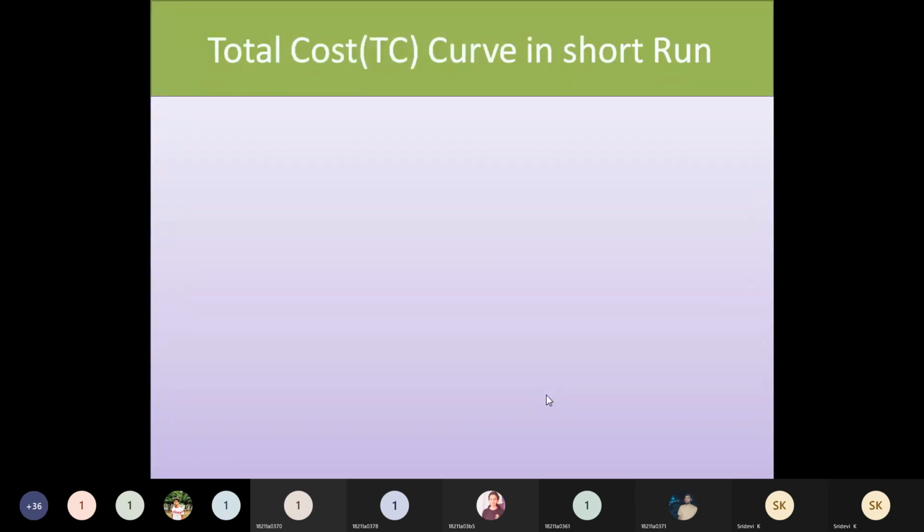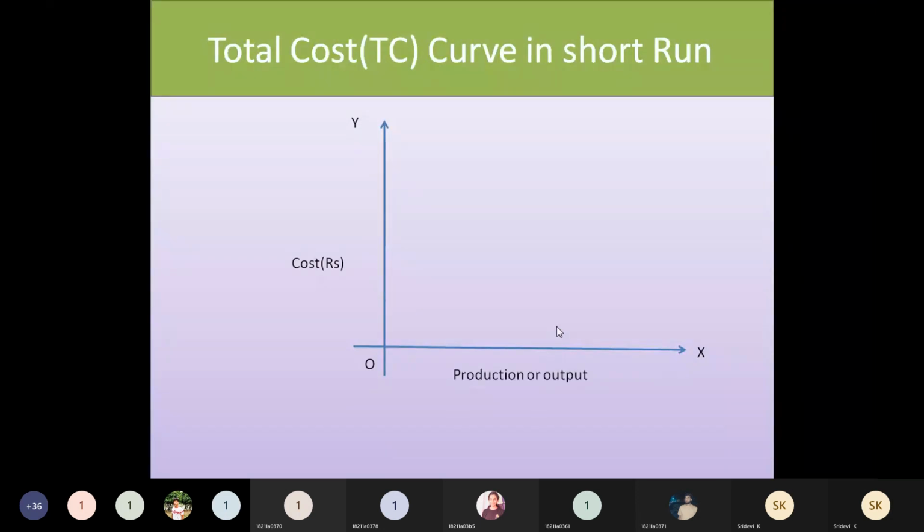How are these curves going to flow? Let us see. On the x-axis output, on the y-axis cost. So this is called variable cost, which is flowing from the origin.